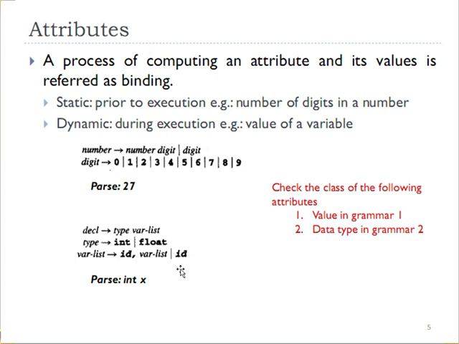What you can observe in this grammar is that the terminal symbols are int, float, id, comma. And in the above grammar, the terminal symbols are the digits from 0 to 9.